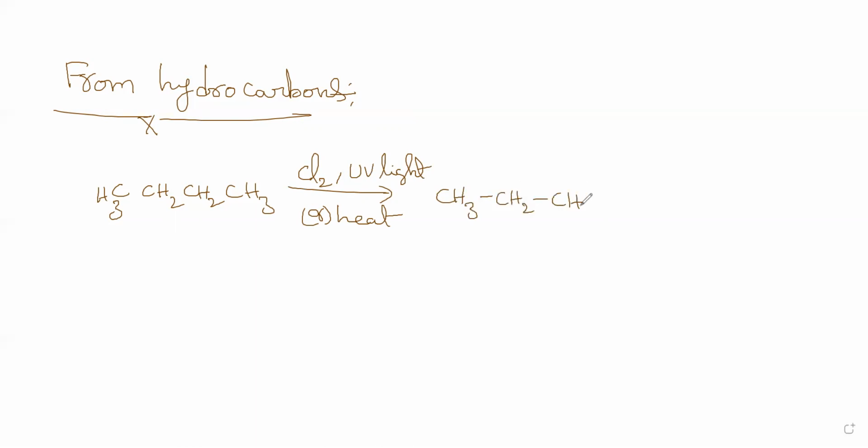Chlorine I have taken, so I'll put chlorine, and then the substitution can happen at any point: 1, 2, 3, 4. You can have any kind of substitution anywhere in the compound. That's the major problem with this reaction: no control.